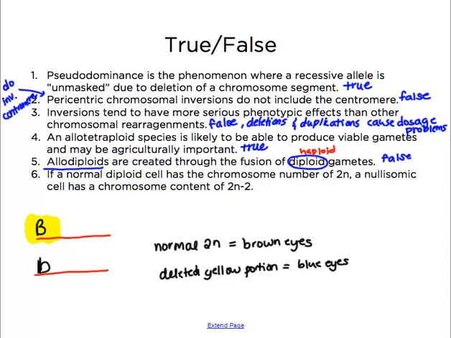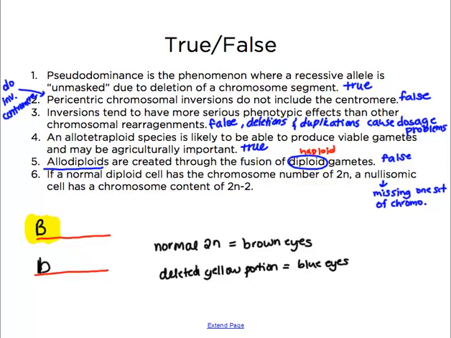And finally, number 6. If a normal diploid cell has the chromosome number 2N, a nullosomic cell has a chromosome content of 2N minus 2. Remember that nullosomy is missing one whole pair of chromosomes. So let's say an individual has 4 pairs of chromosomes for a 2N number of 8.